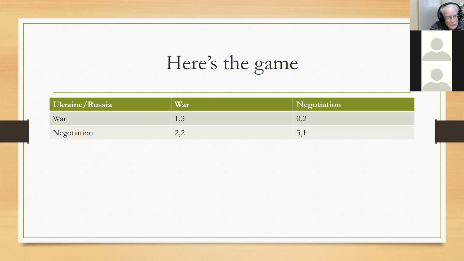For the first, we should define our first participant. For example, it would be Ukraine, I think. So we will see Ukraine's steps by rows. Yes, good. If we assume that Russia will decide on war, for Ukraine it's better to have negotiations.